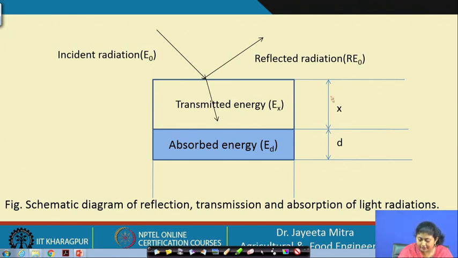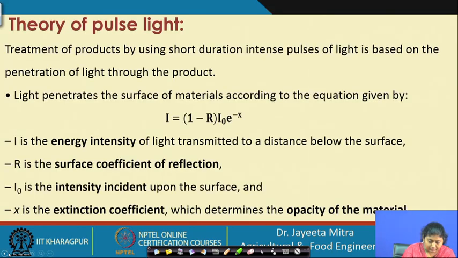It is transmitted at a distance x, which we have defined by the extinction coefficient, and there is d. Here is the absorbed energy, and this is the transmitted energy E x. So, this is how, when the pulse light comes in on the surface of a material, reflection, transmission and absorption of the light radiation takes place. Now, we will go back to the expression we have discussed.